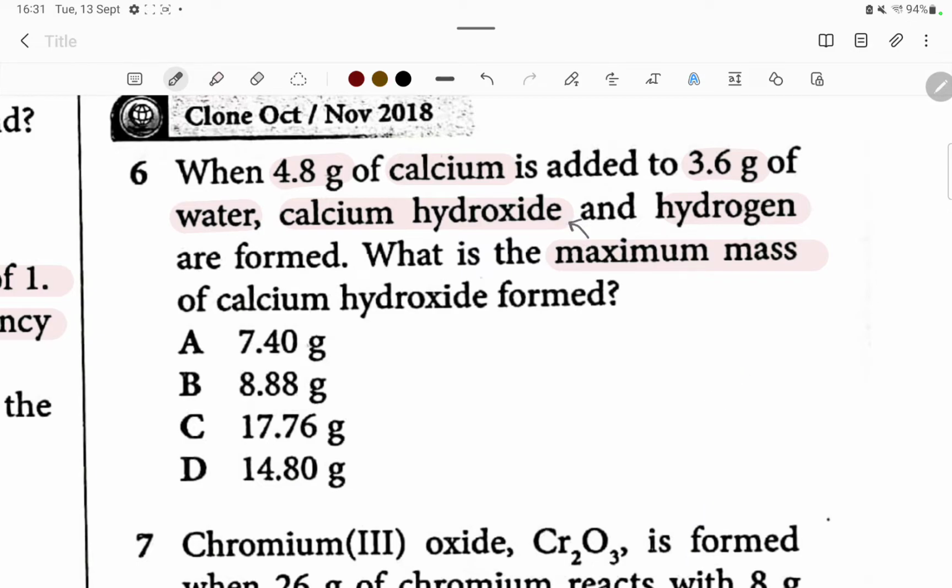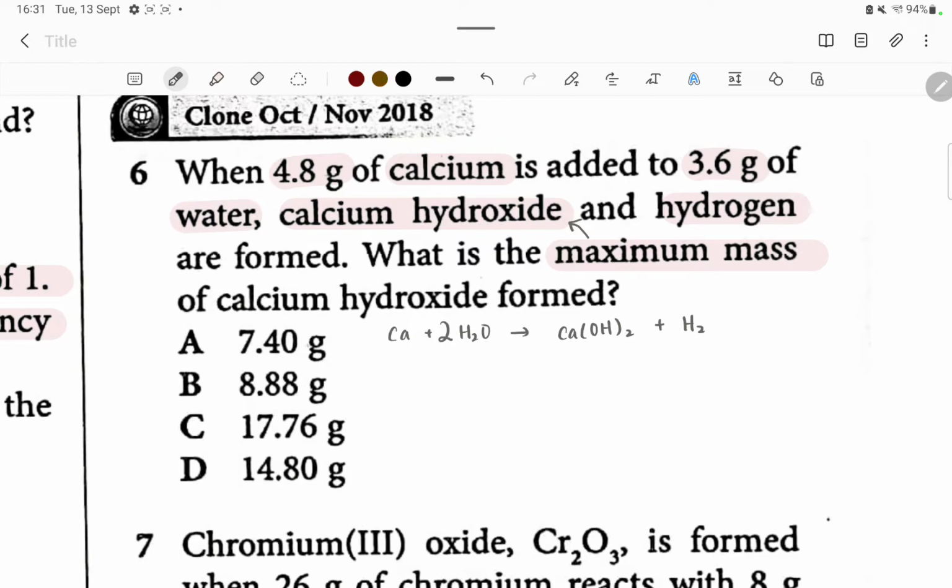So first things first, when you see this kind of question, you write down the chemical equation first. Calcium plus water, H2O, form calcium hydroxide, Ca(OH)2, plus hydrogen. And then try to balance it first. Add 2 over here.